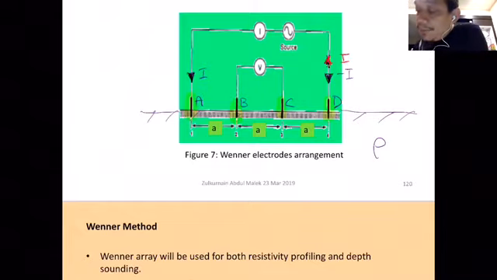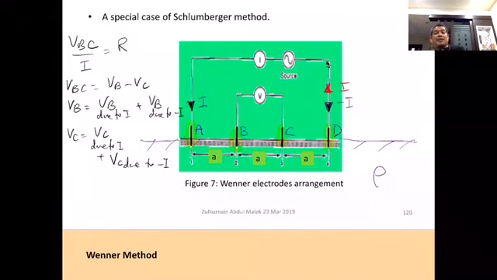And VB is equal to VB due to I plus VB due to minus I. Similarly, VC is equal to VC due to I plus VC due to minus I. VBC divided by I is R, which is what we're going to measure.